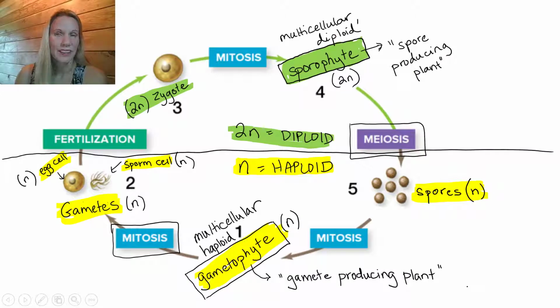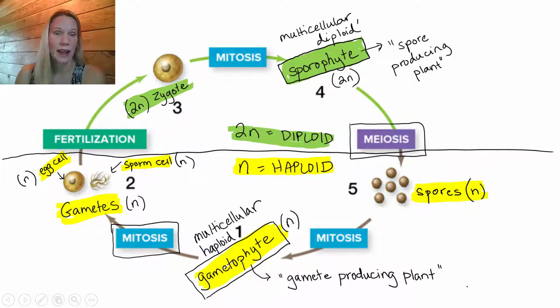So recall in the first lecture video, we discussed the alternation of generations life cycle of all plants. So all plants followed this life cycle. If we want to go in order of the numbers on the slide, recall there's a multicellular haploid gametophyte or gamete-producing plant. That plant produces gametes by mitosis.